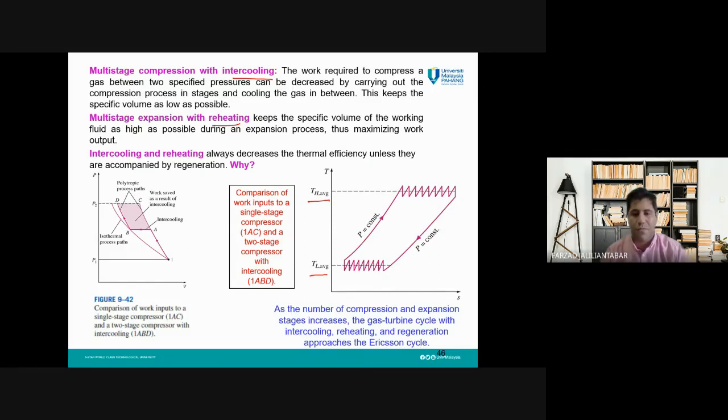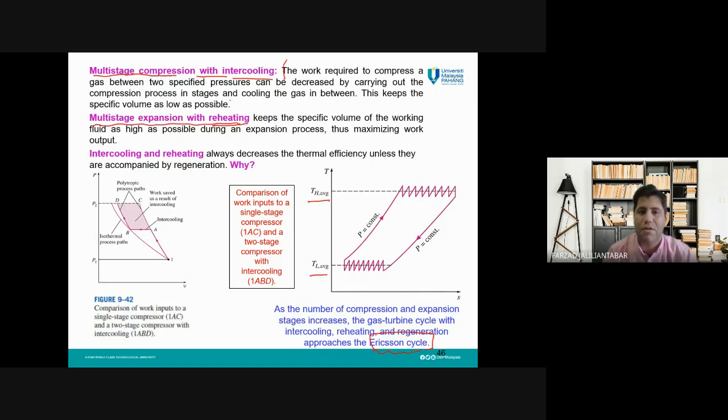Or the Ericsson cycle, which, if you remember, has an efficiency identical to the efficiency of the Carnot cycle. So in the real world, we have multi-stage compression with intercooling. We have multi-stage expansion with reheating.